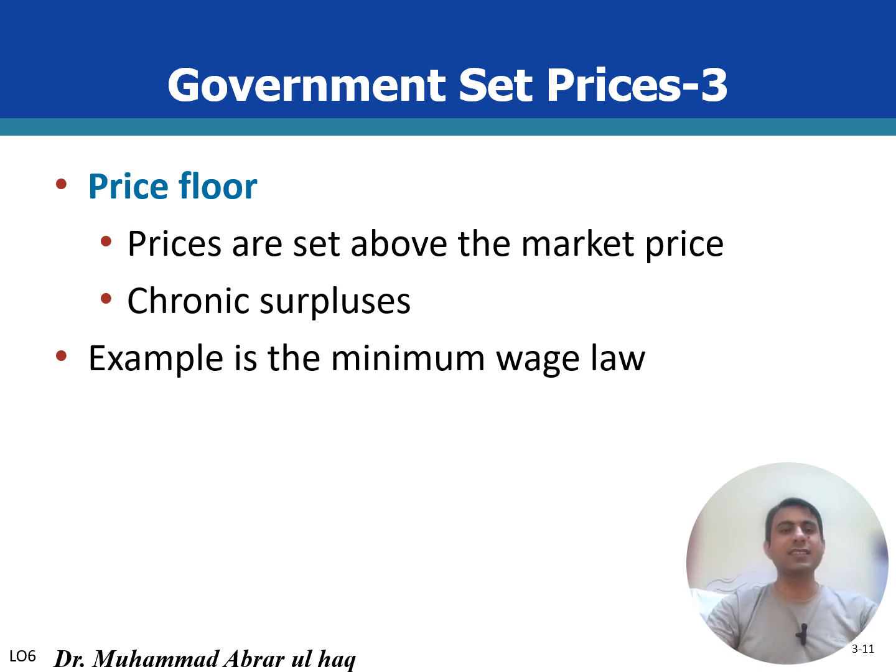A classic example of a price floor is the minimum wage law. Every country has a minimum wage law. When the government sets a minimum wage that is above the equilibrium wage rate that would naturally prevail in the labor market, it can lead to unemployment or underemployment, as the supply of labor exceeds the demand at the higher wages.